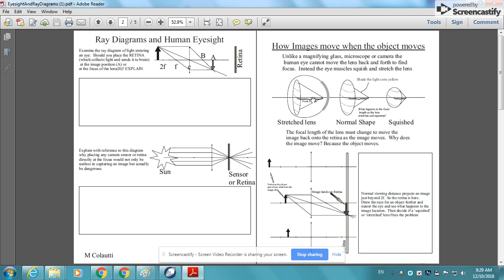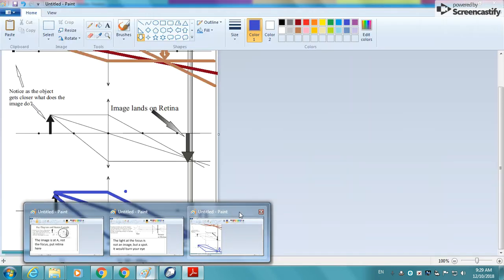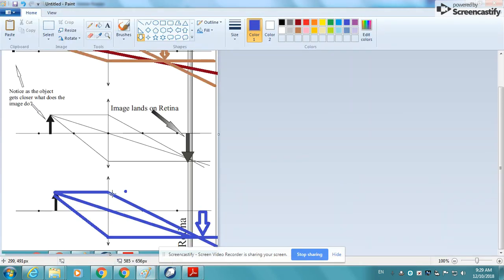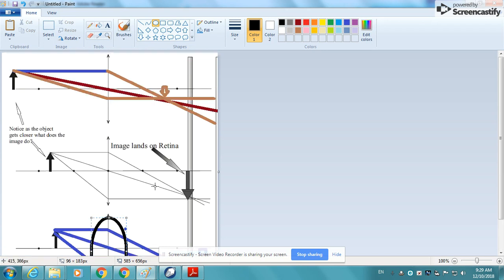The question is, do we want a gentle lens curvature or an aggressive lens curvature in each of these two cases? Well, think about it. This curvature is not aggressive enough. So we're going to want to put in there a fairly aggressive lens with a nice short focal length to force the rays to come together quicker.